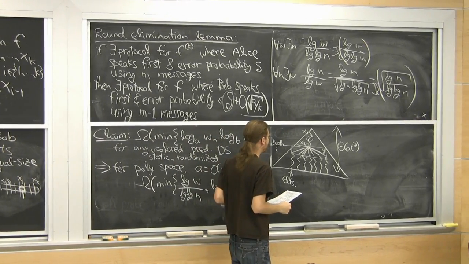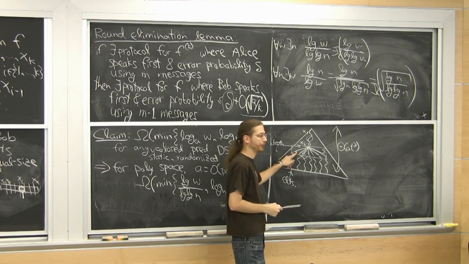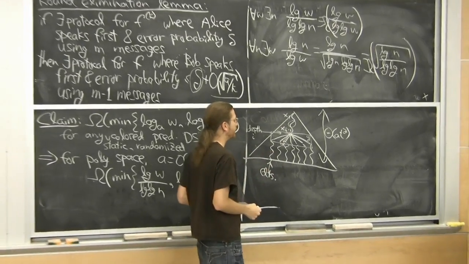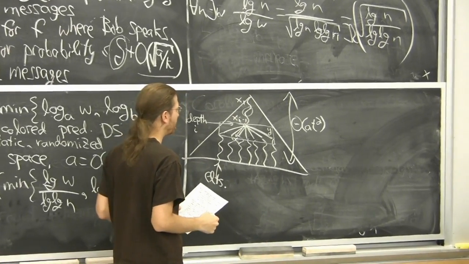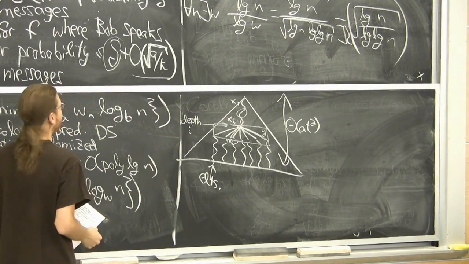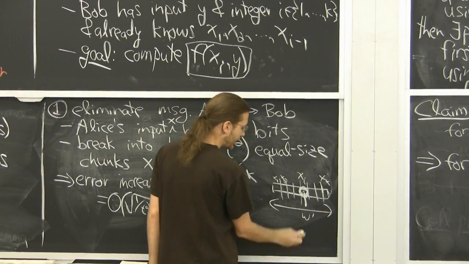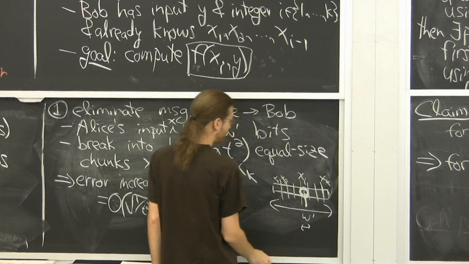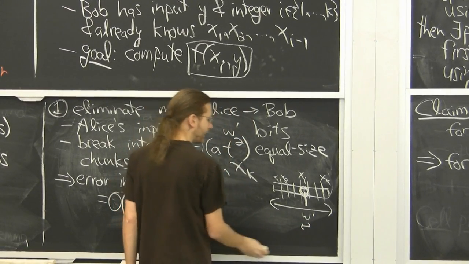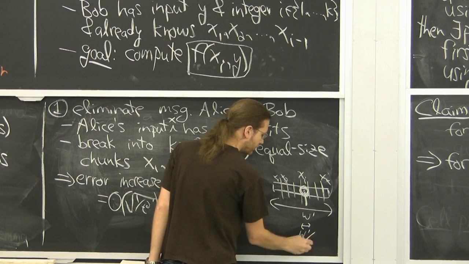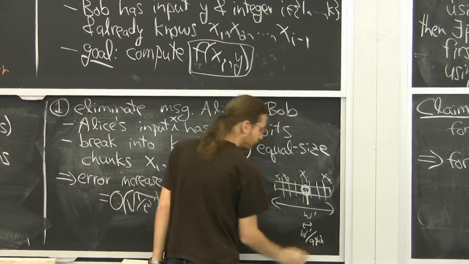Okay, what happens here in terms of n and w? We have a smaller problem here, right? We threw away all this stuff. What got reduced is our word size over here. We started with something of size w prime, and now we end up with something of this size, which was w prime divided by a t squared, up to theta.